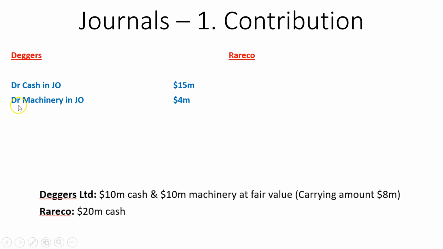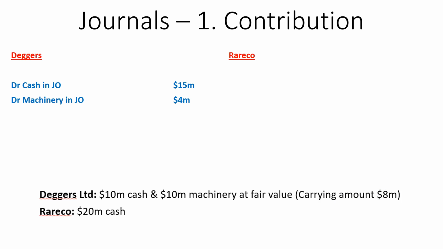The next one, Deggers will debit machinery in the joint operation by $4 million. The reason it's $4 million is because Deggers was the party that originally contributed the machinery. So they want to always recognize this machinery at original cost. They're going to use the carrying amount of $8 million for their recognition when they put it into the joint operation.